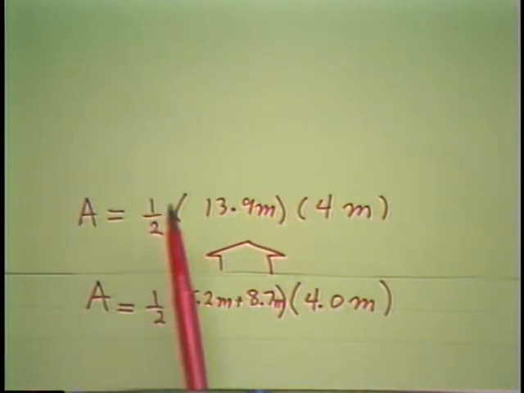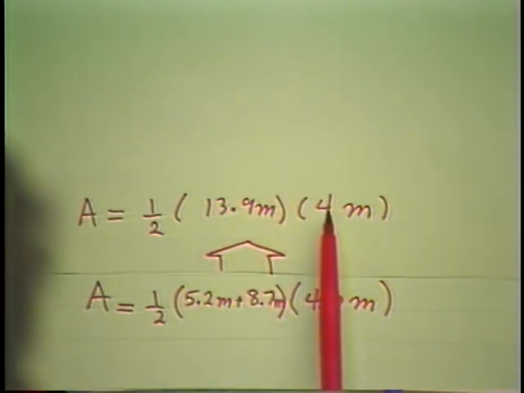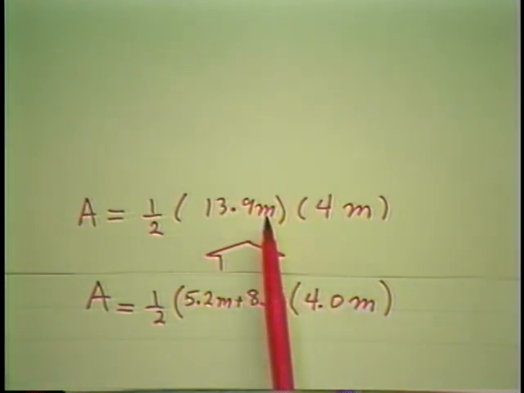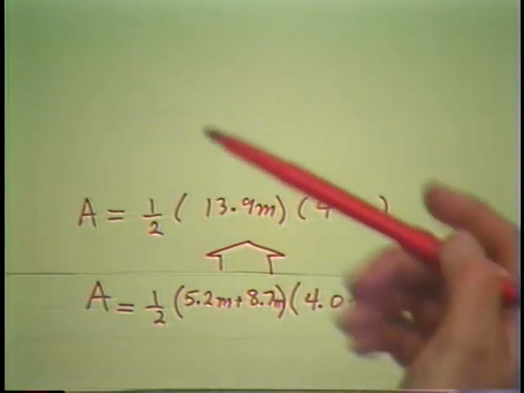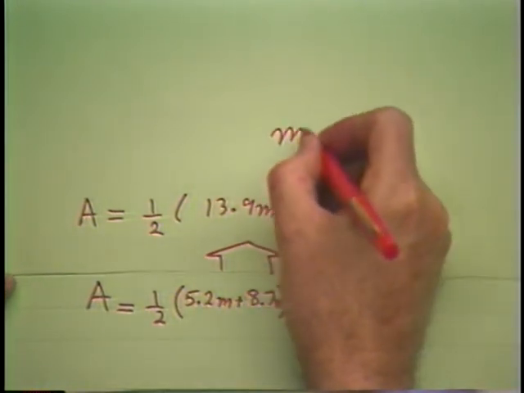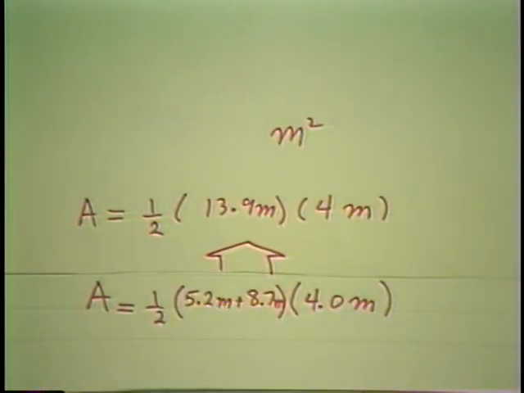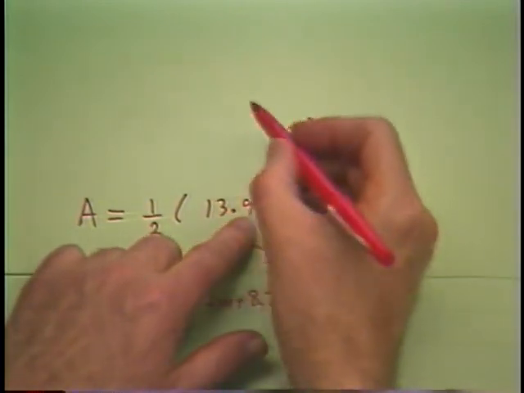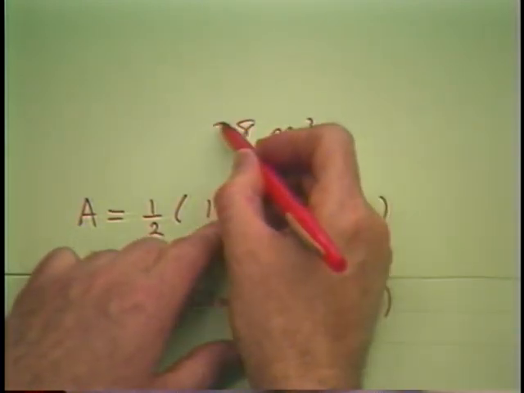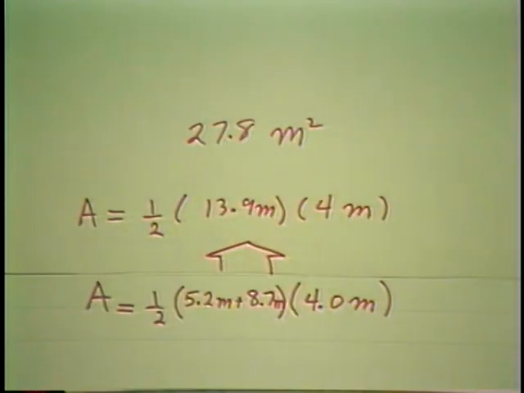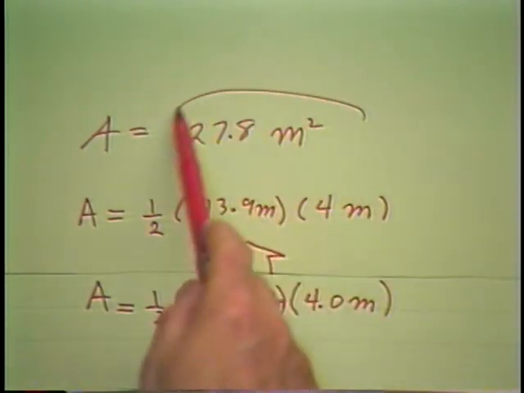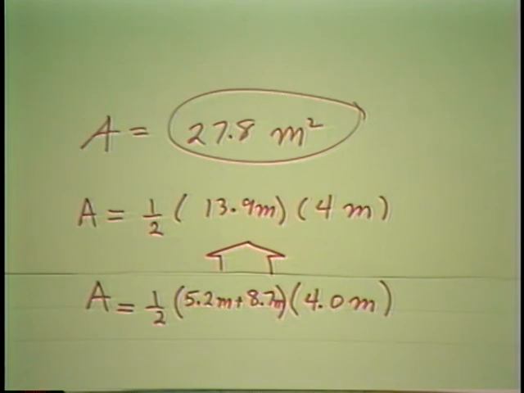But now I would multiply the number parts and then the units. So meter times meter is square meters. In this case, it's easier to take 1/2 times 4, which is 2, and 2 times that gives me 27.8. So the area of that particular trapezoid is 27.8 square meters.